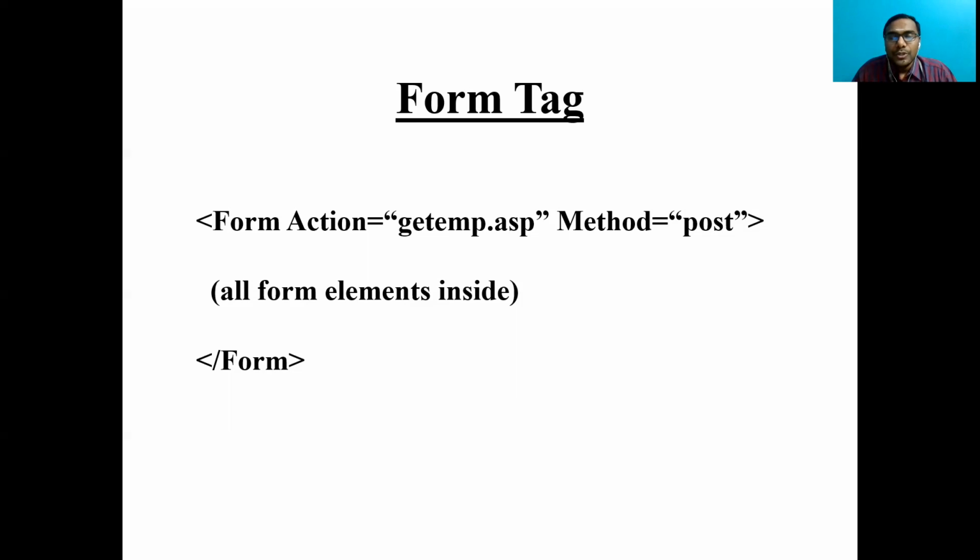In between, we need to provide the form element details relevant to that topic. Then at last, once you are done with the form elements, we need to end the form tag definition with the help of the end tag.